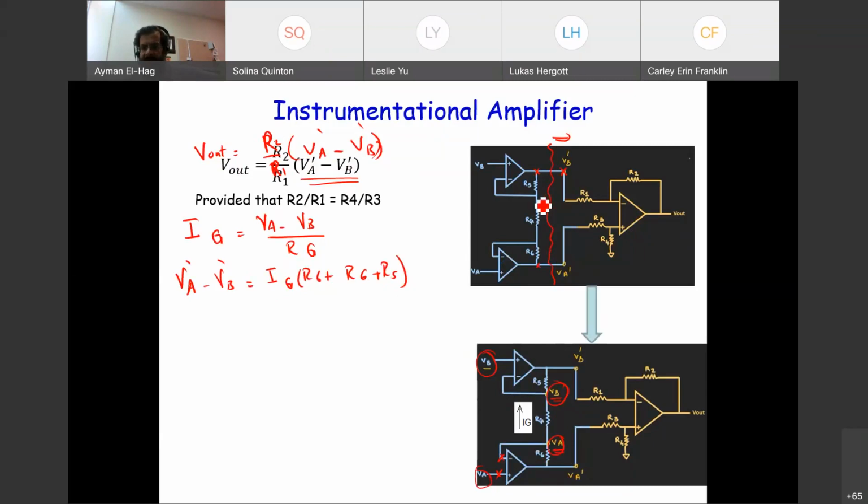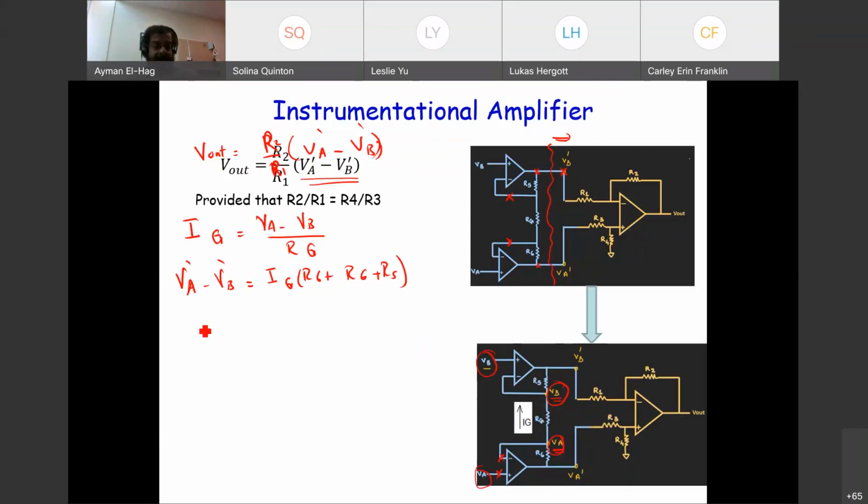It is all these resistors because they are in series. So the IG that we assume between these 2 points is exactly the same IG that goes from the start of the branch to the end of it.